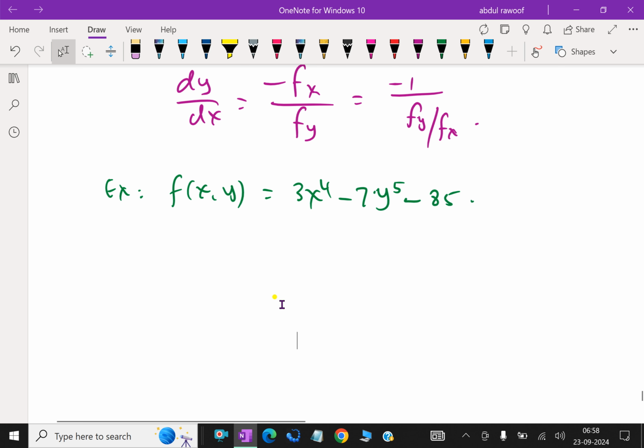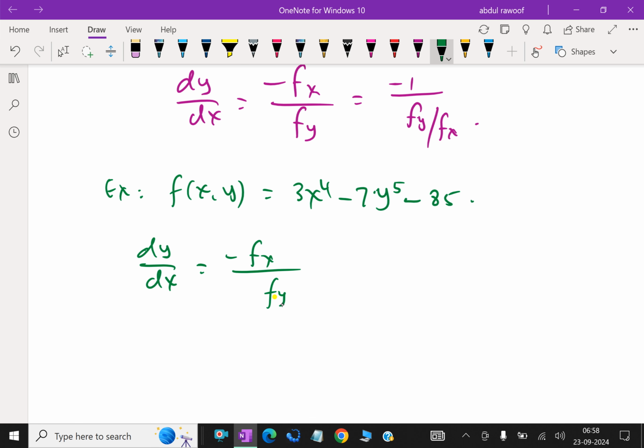Now I have to find dy by dx. The formula is minus fx over fy. The partial derivative with respect to x of this function is 12x cube. The y term will not come, and the constant is zero.